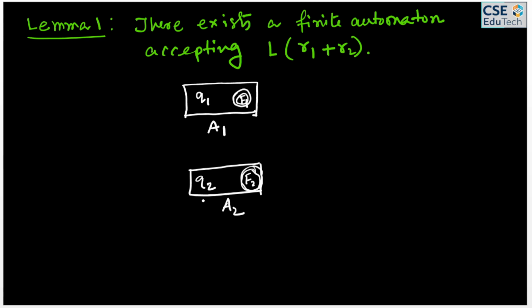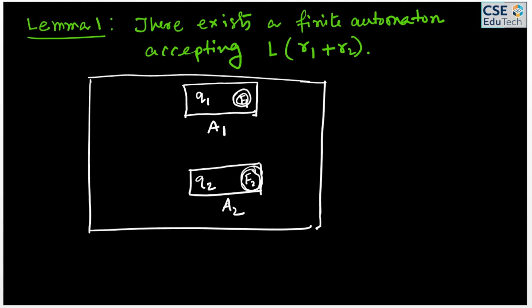Now we have to design the automata A, which accepts the language generated by R1 union R2.